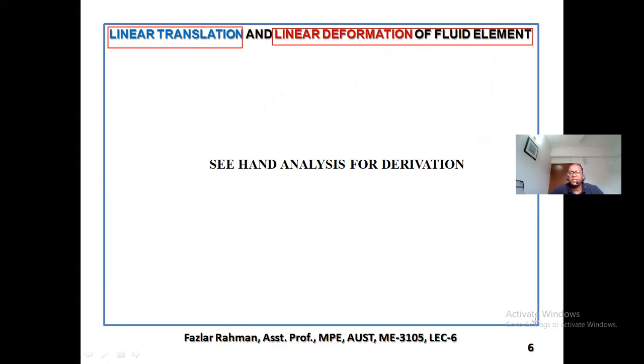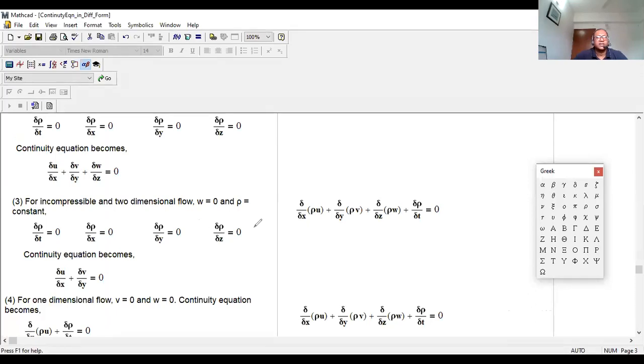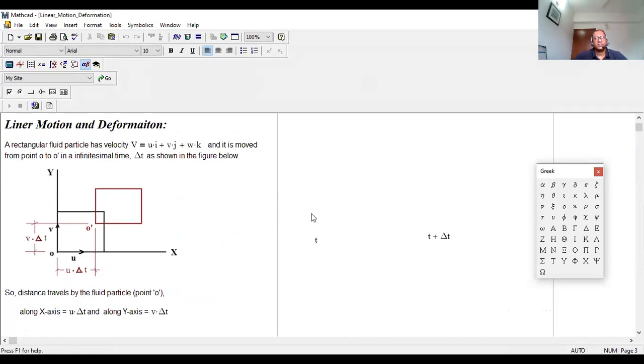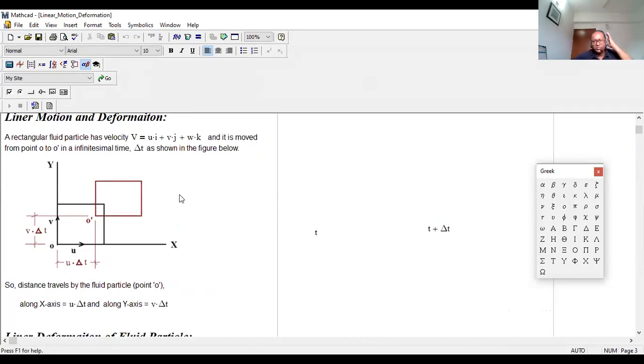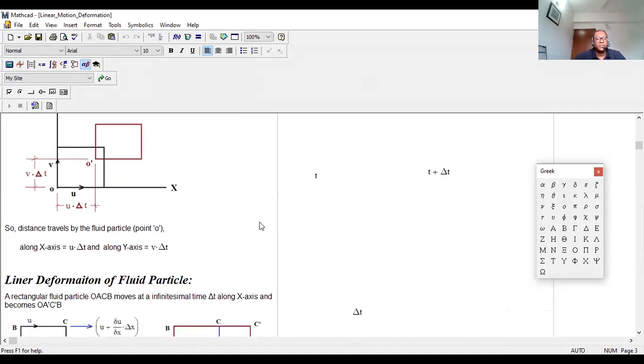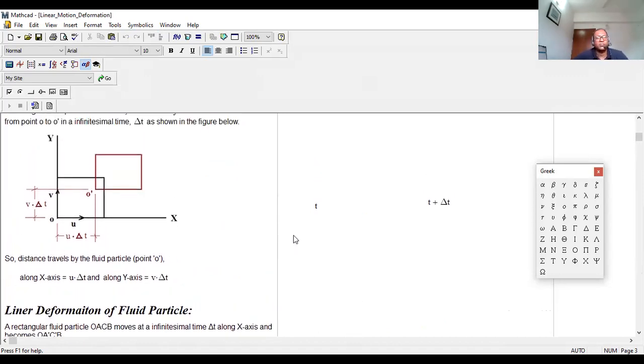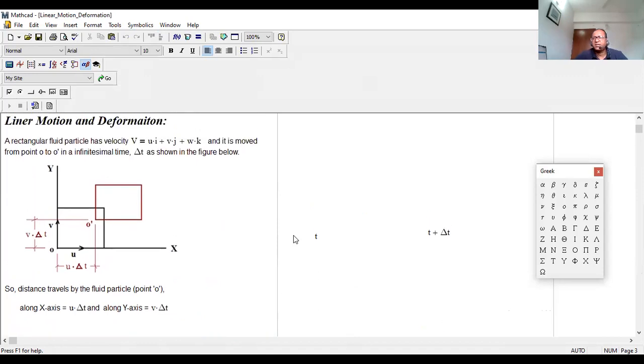I think we can finish it. We'll try to show you the mathematical relationship or equation for when there will be linear translation and when there will be a vortex in the fluid flow.